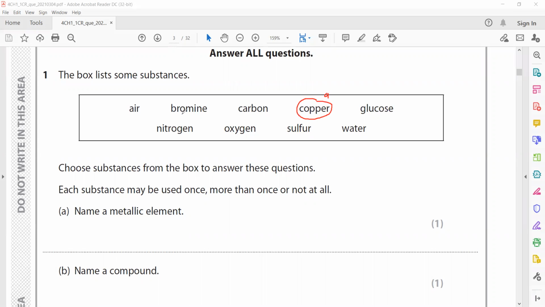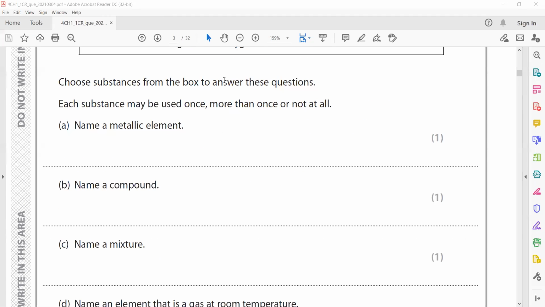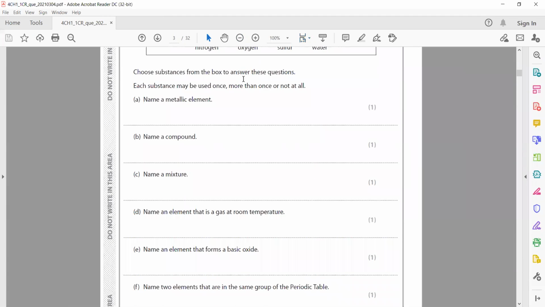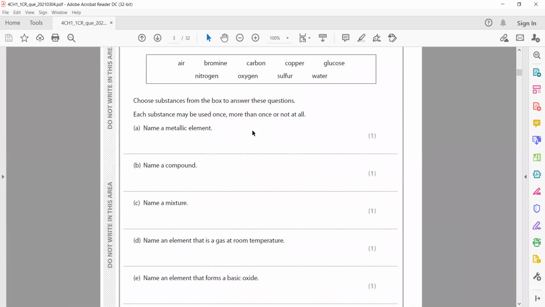Name a compound. So air is a mixture, bromine is an element, carbon is an element, glucose C6H12O6, so that is a compound. Name a mixture: air is a mixture.